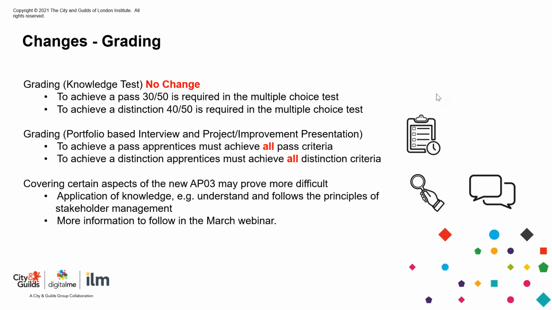So the grade boundaries for the knowledge test have not changed. We are obviously in the process of reviewing the content of the bank of questions to make sure they are current and fit for purpose, but the content in terms of modules has not changed.